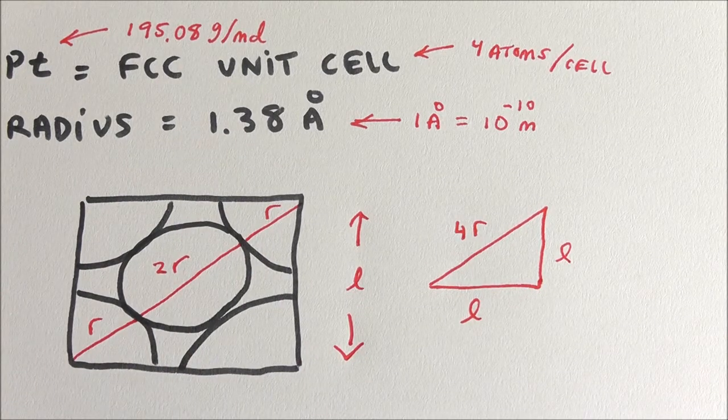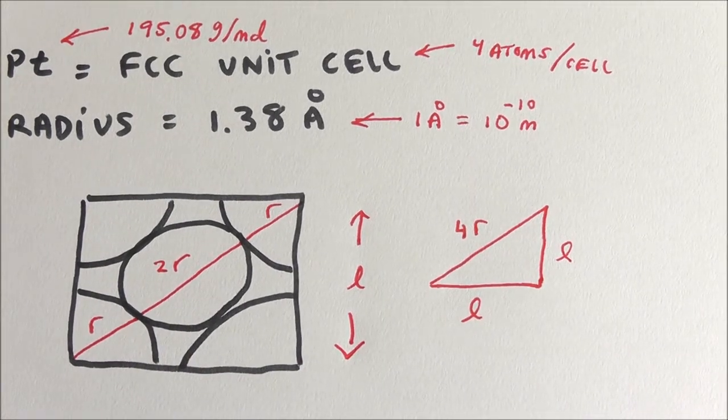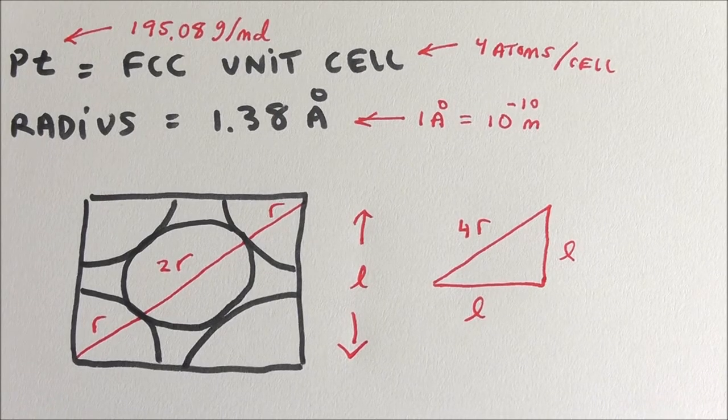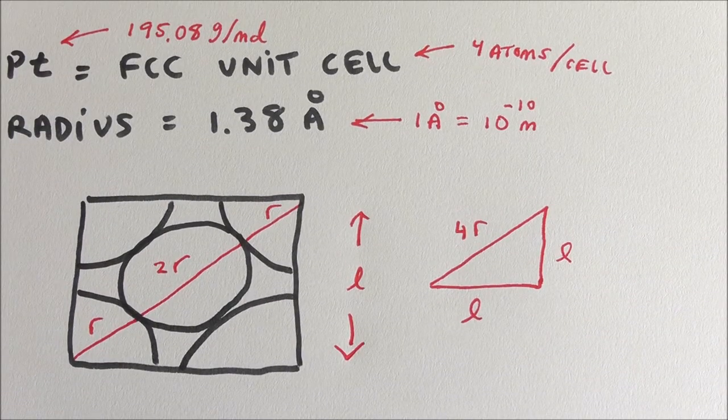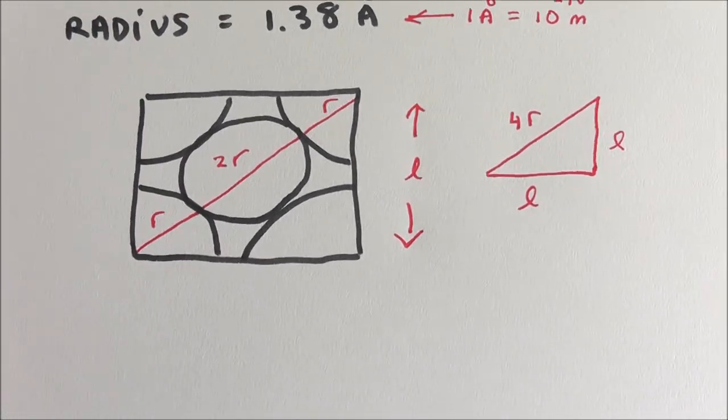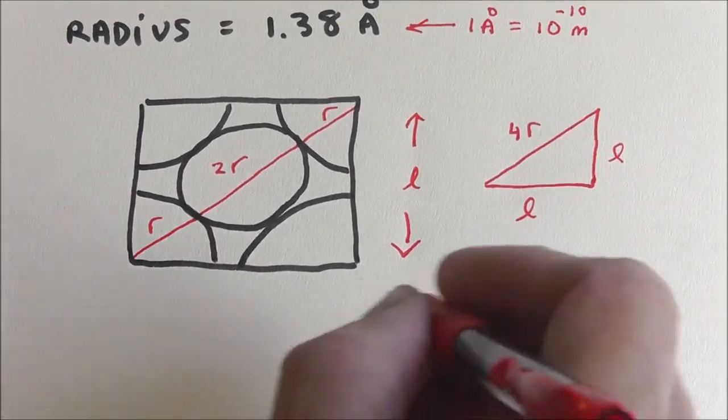So let me show you a better, more professionally drawn image of that. All right. So are we going to do Pythagorean theorem? Oh, yes, we are. Thought you'd never use that again, did you?